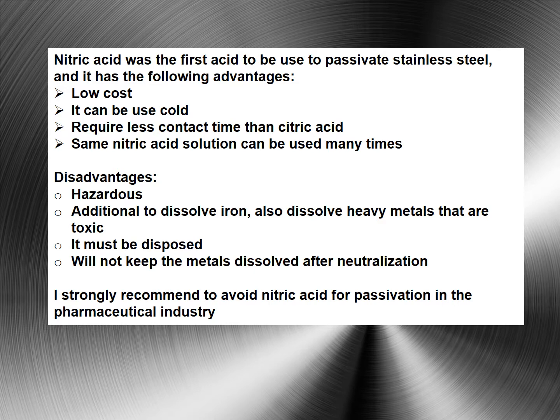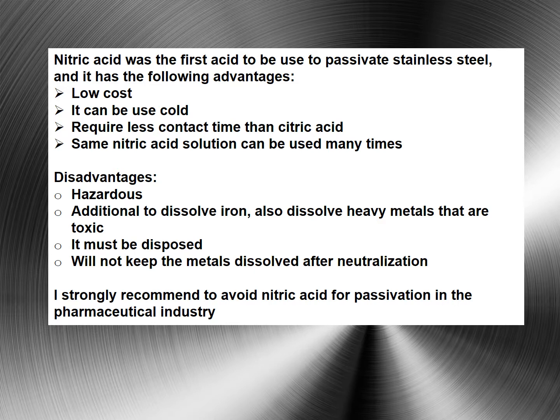Using nitric acid has the following advantages. Low cost, it can be used cold, requires less contact time than citric acid, and the same nitric acid solution can be used many times. On the other hand, it has the following disadvantages. It's hazardous.